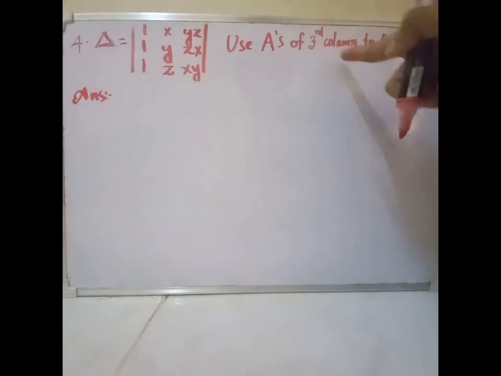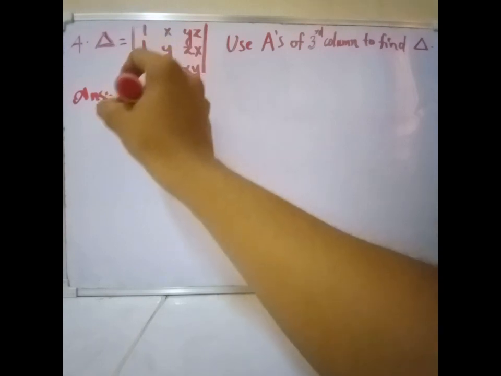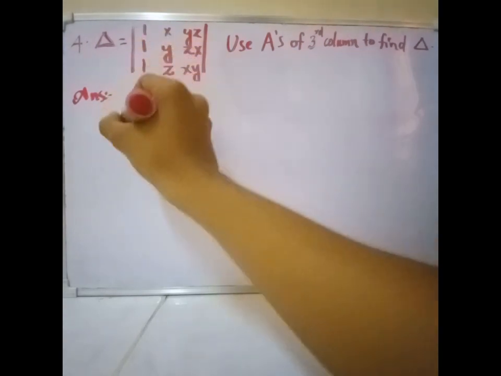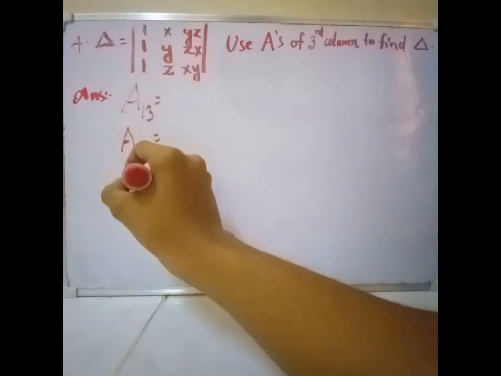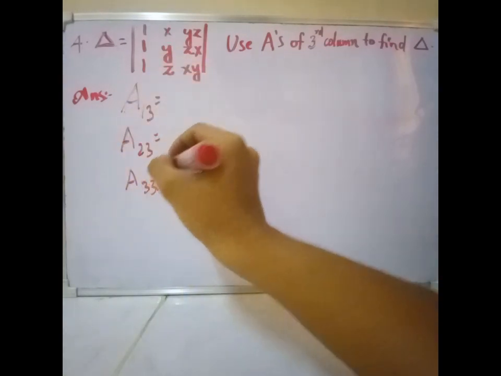So we have to use the third column here. So we have to use A13, A23 and A33. In the third column, the second number represents the column.